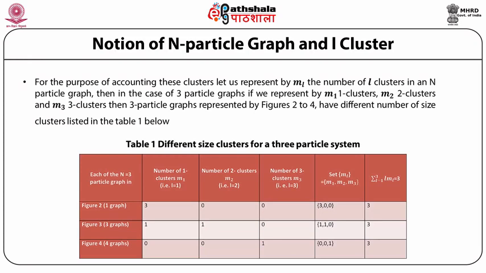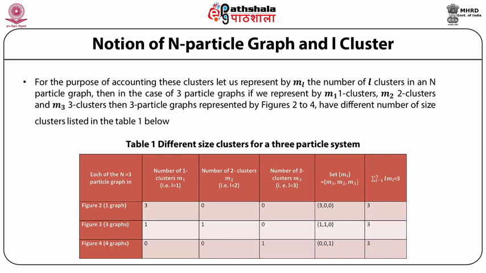Then in the case of 3-particle graphs, if we represent M1 as 1 clusters, M2 as 2 clusters and M3 as 3 clusters, then the 3-particle graphs represented by figures 2 to 4 have different numbers of size clusters listed in table 1 below.